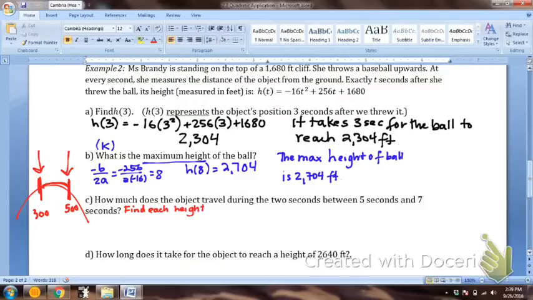So this is the same process again. So we're going to do h of 5, and then h of 7. Go ahead and do this on your paper. H of 5 and h of 7. So we're just plugging in the 5 and we're plugging in the 7.